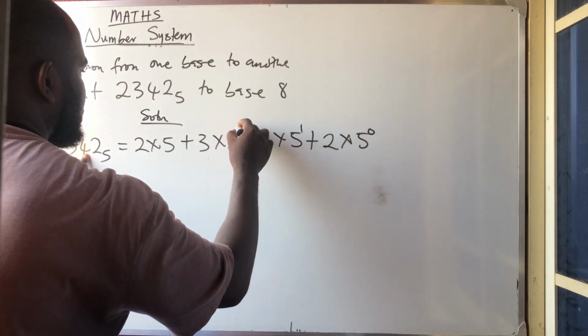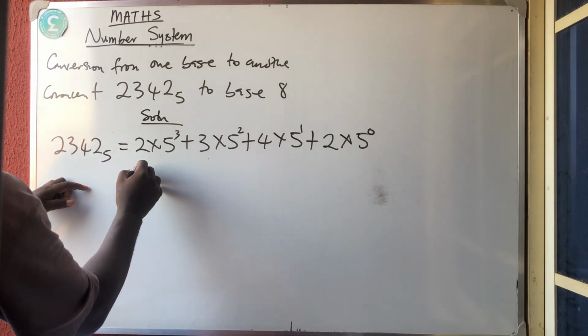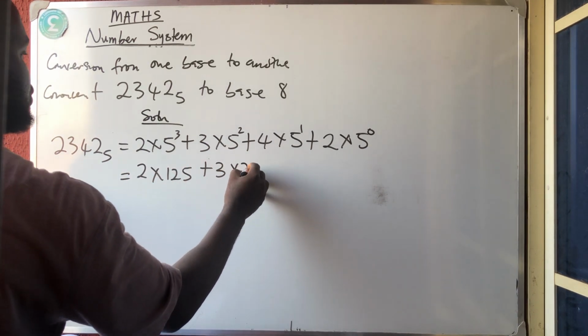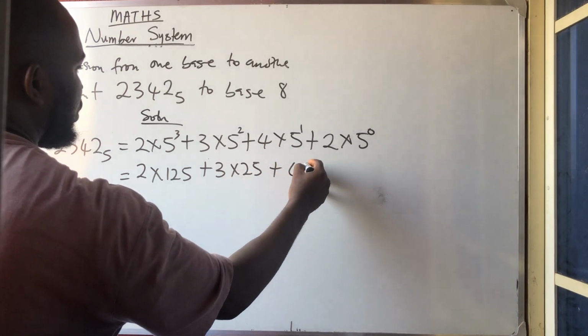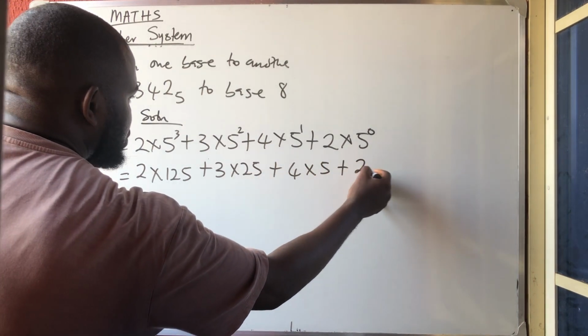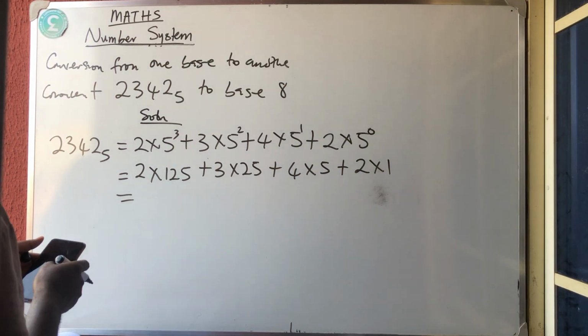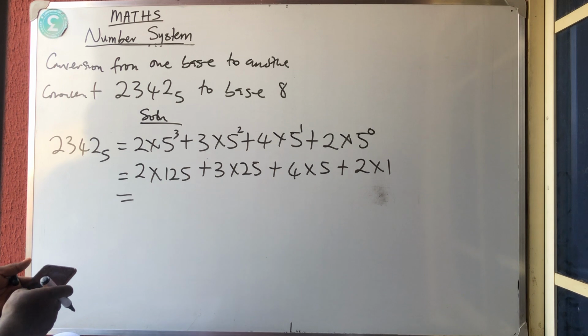So I'm having 2 times 125, plus 3 times 25, plus 4 times 5, plus 2 times 1. 125 times 2 is 250.